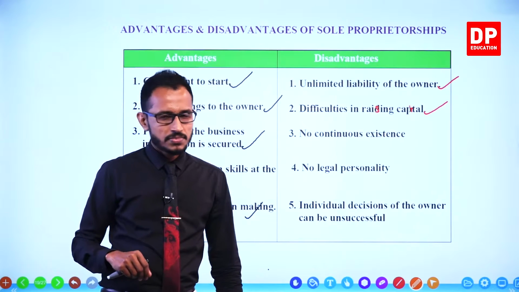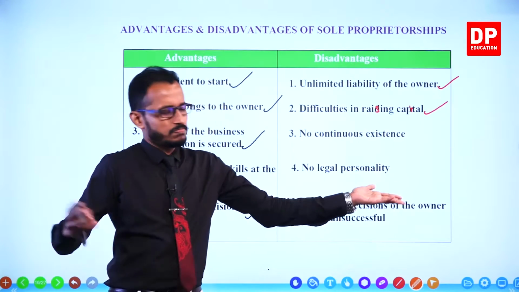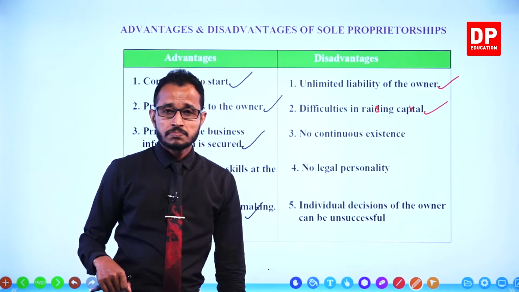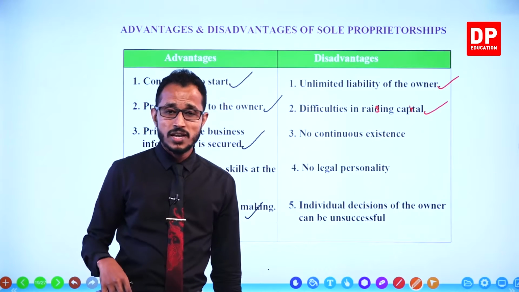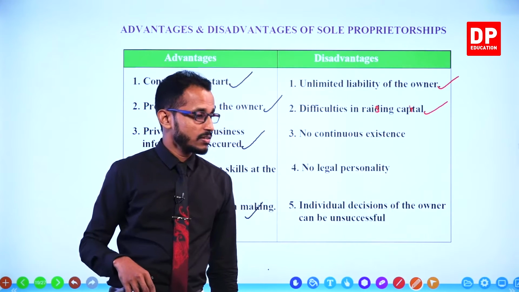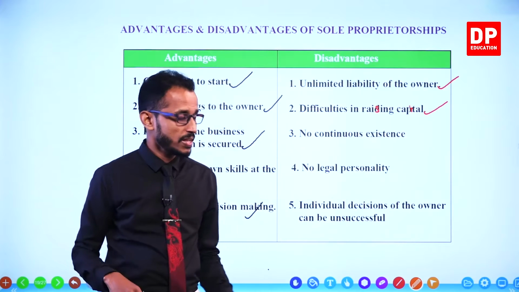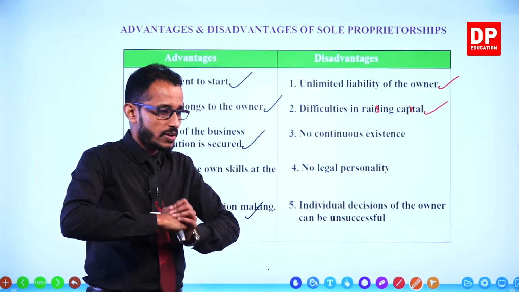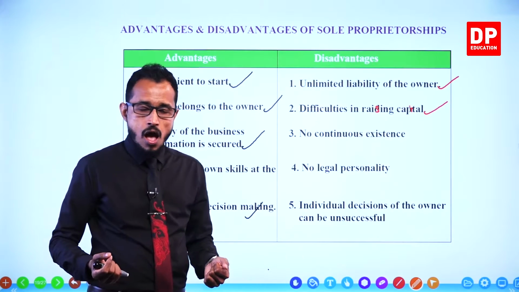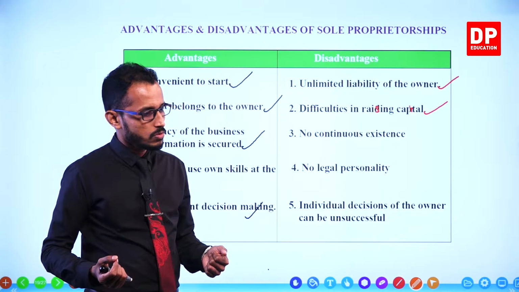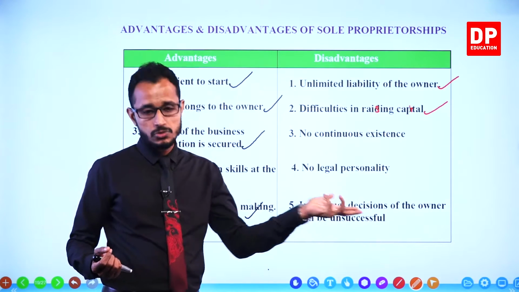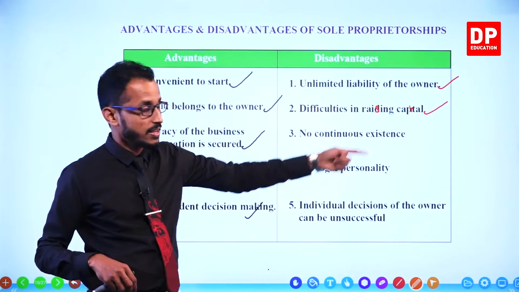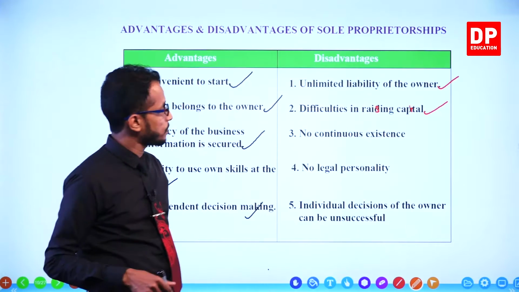It's difficult, and even difficult to borrow from people because people don't like to lend money. These days, nobody likes to lend money. It depends. It's not very easy to find money. If you want to go and take a loan to start your business, you have to think about the unlimited liability again. So difficult to raise capital.